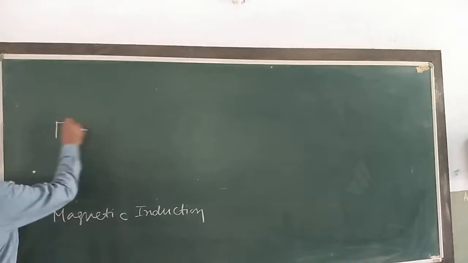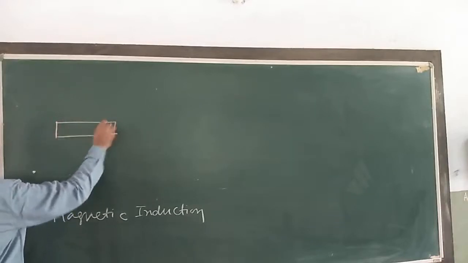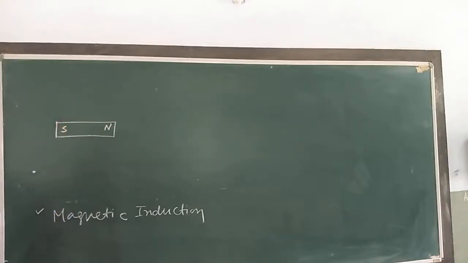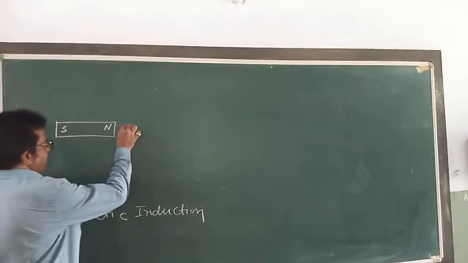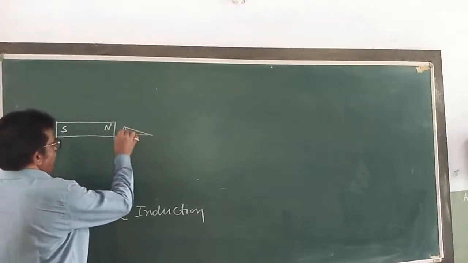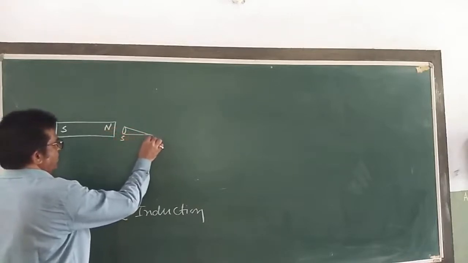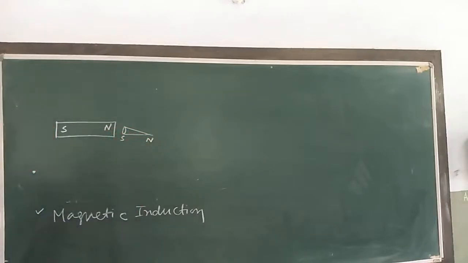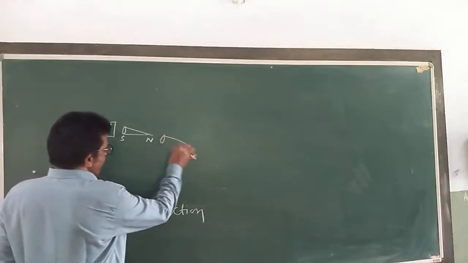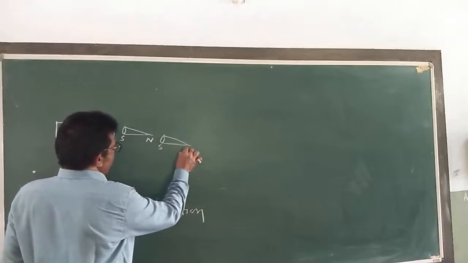Suppose this is the magnet. Here is the north pole and here is the south pole. Take some pins nearby it. So due to this north pole, the opposite pole will be created here. This is south and this is north. Then again put another pin here. So this is south, this is north.